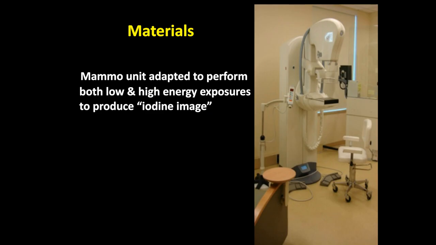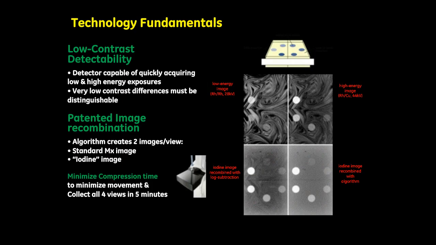The unit looks like any other mammographic unit, and it is basically a mammographic unit that is adapted to perform both low and high energy exposures to produce what we have named the iodine image. This is a little bit of the technology fundamentals, which I will not dwell on, but basically the ability to do both images nearly simultaneously makes this possible.